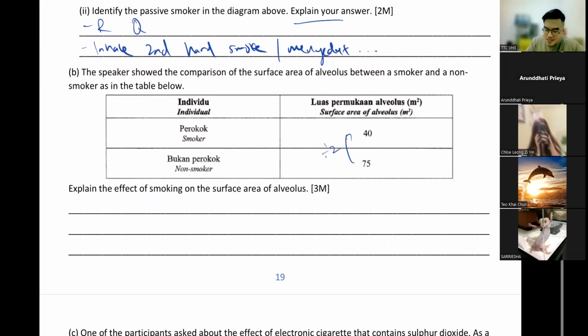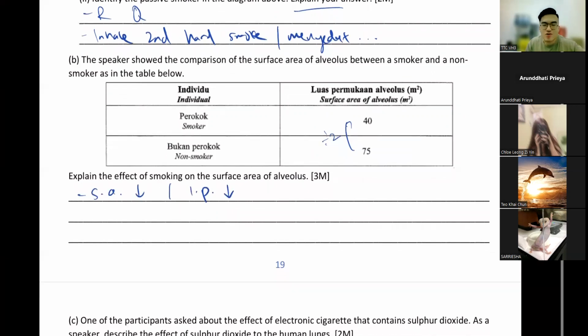First, you tell me, yes, it decreases. Good. So the surface area decreases. Luas permukaan menurun. Okay, kurang also can. So what? Explain. Decrease then what? When I have less surface area, then what? Why do I need so many alveolus? We use alveolus for what? Yes, I want gaseous exchange.